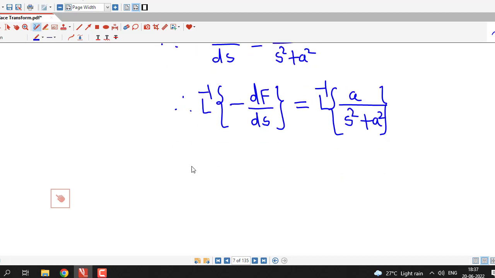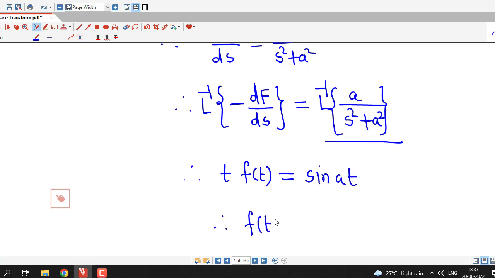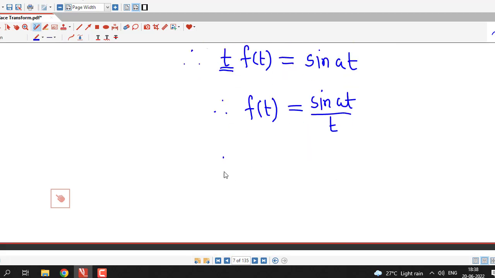And we know this formula, L inverse of minus dF by ds equal to t times f of t, and inverse Laplace transform of a divided by s square plus a square is sin at, and we are interested in small f of t. Therefore we consider this t on right hand side and we obtain our inverse Laplace transform. f of t is nothing but inverse Laplace transform of capital F of s.